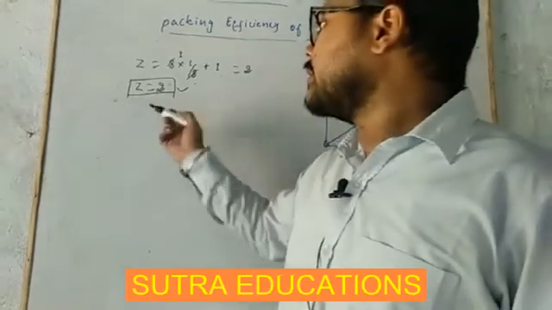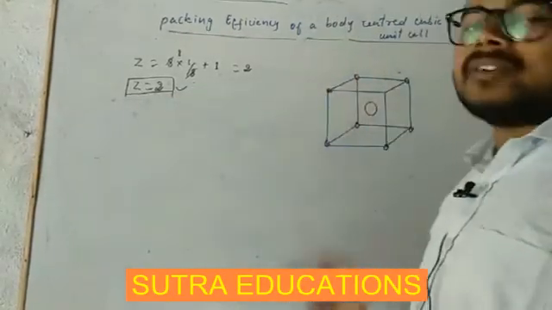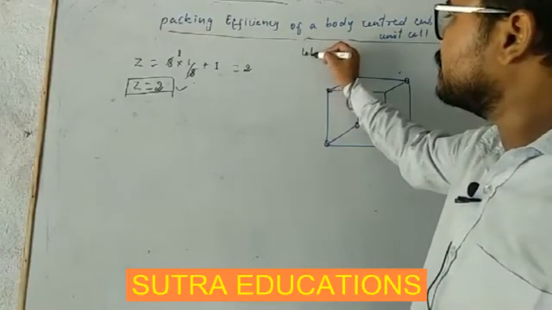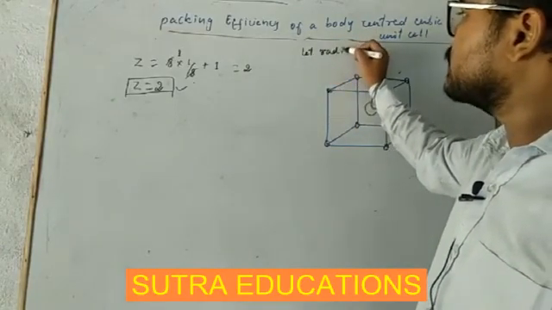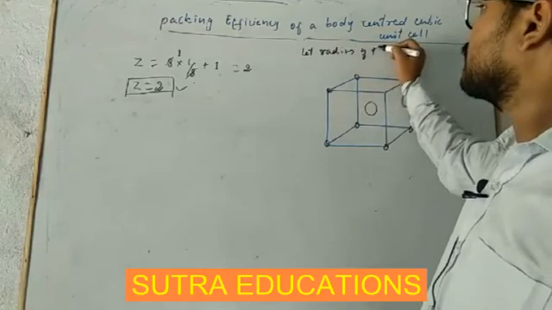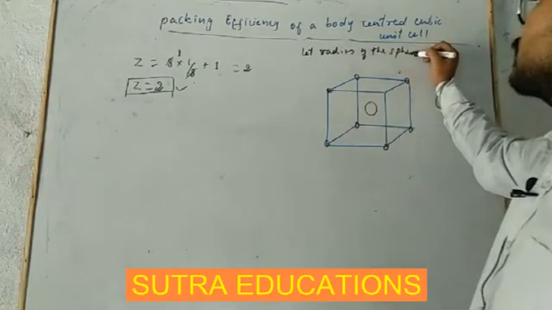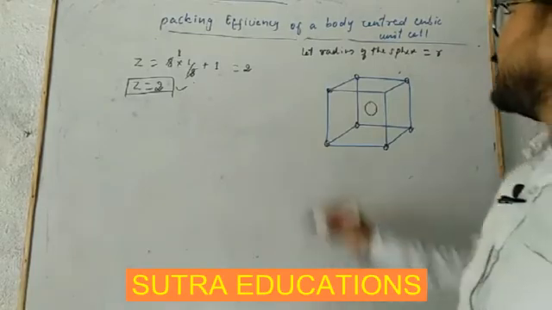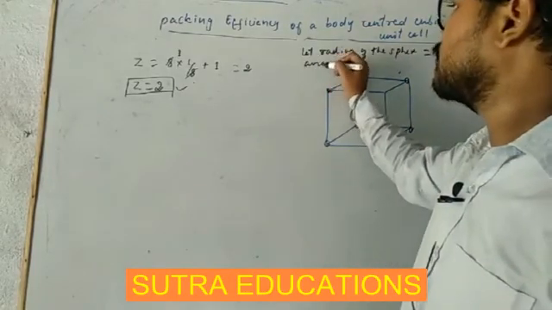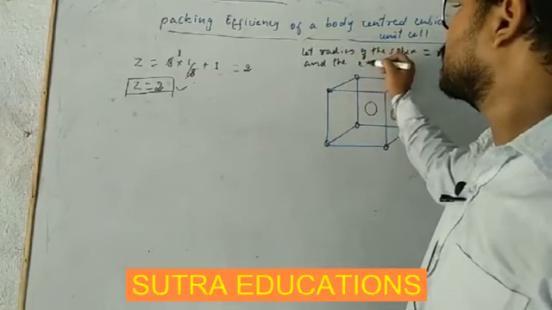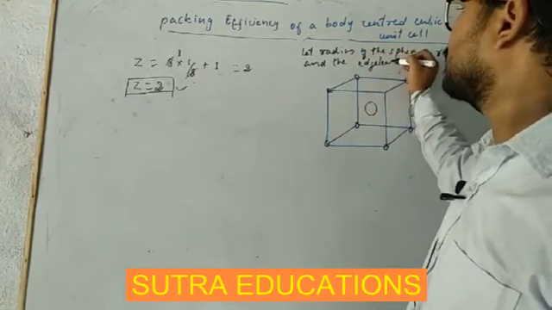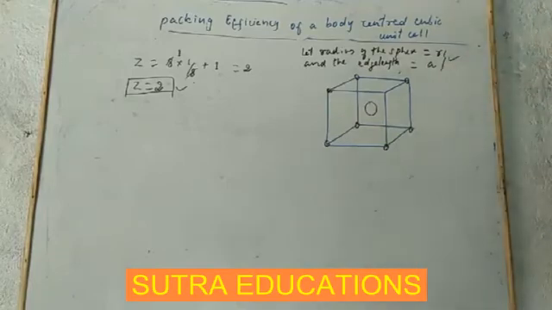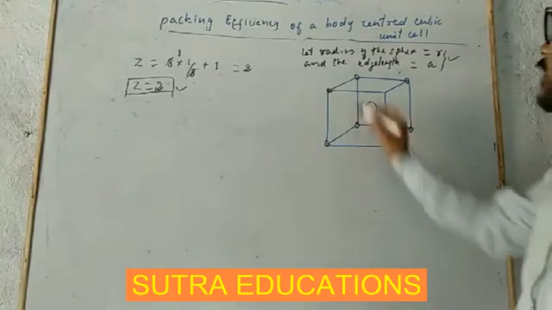Okay, then suppose the same thing: let the radius of the sphere be r, and the edge length of the cube be a.